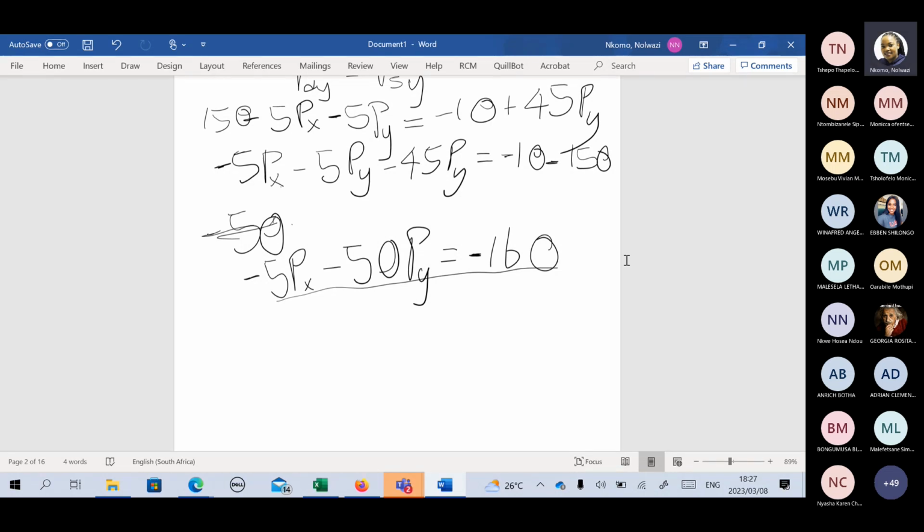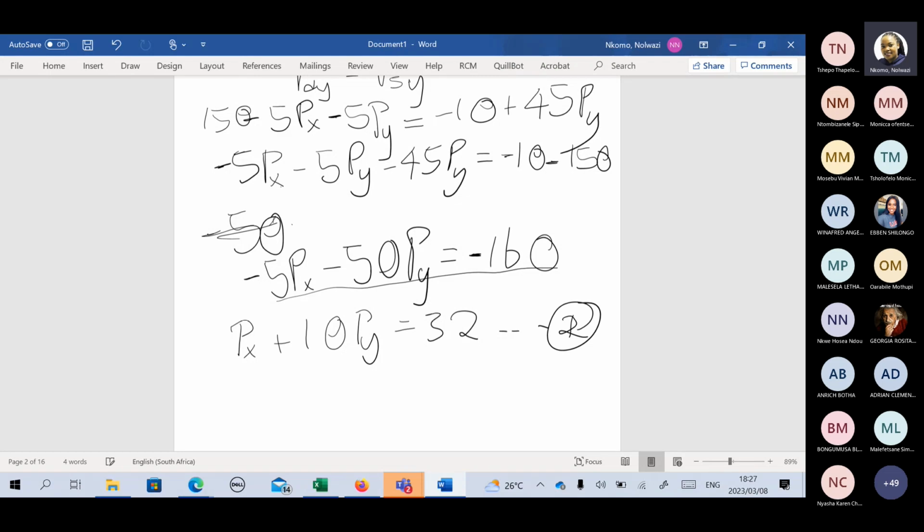So in this case, we can just divide by the common factor, which is minus 5. If we divide all our terms by minus 5, that means we'll have px plus 10py equals 32. And we can take this as our equation 2.